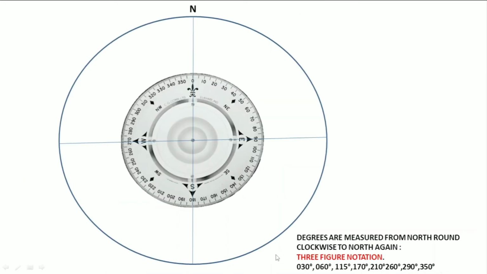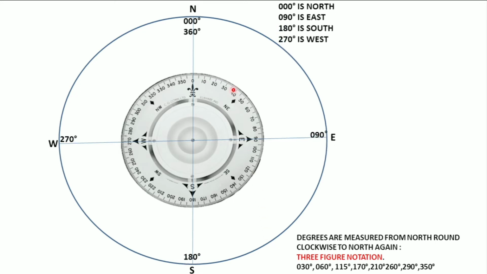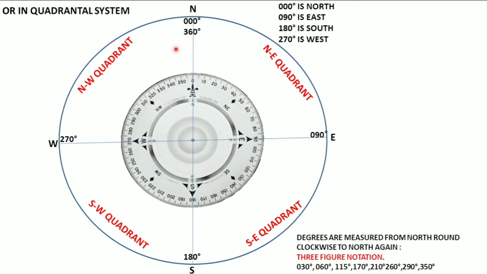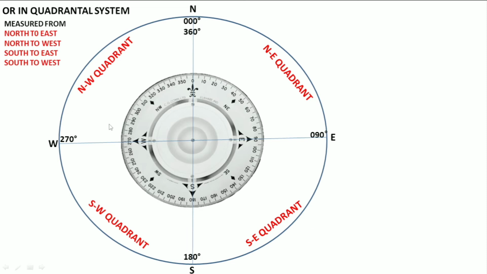Now we had learned that we measure our angles in degrees from north right round in three figure notation. The second system by which we measure our angles is the quadrant system, in which it has been divided into four quadrants: northeast, southeast, southwest, and northwest. Here the measurements are always done from north or south towards east and west.